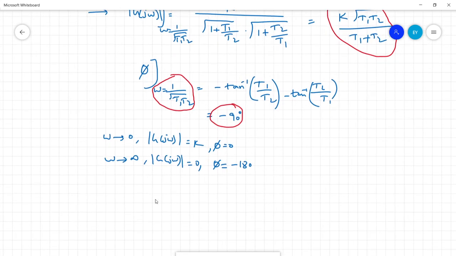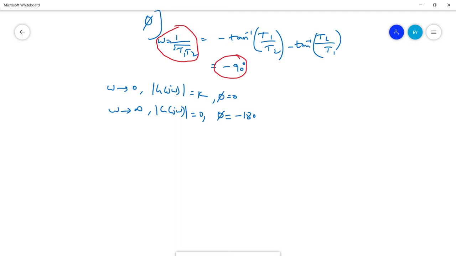Okay, now consider the polar coordinates. From this expression we know that at omega equal to 0 we are getting k as the magnitude, and at omega equal to infinity we are getting 0. Which way is it moving?